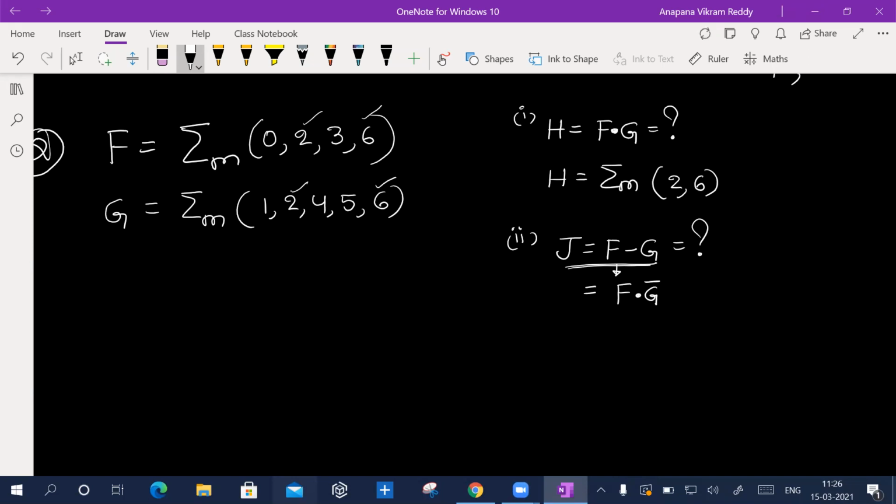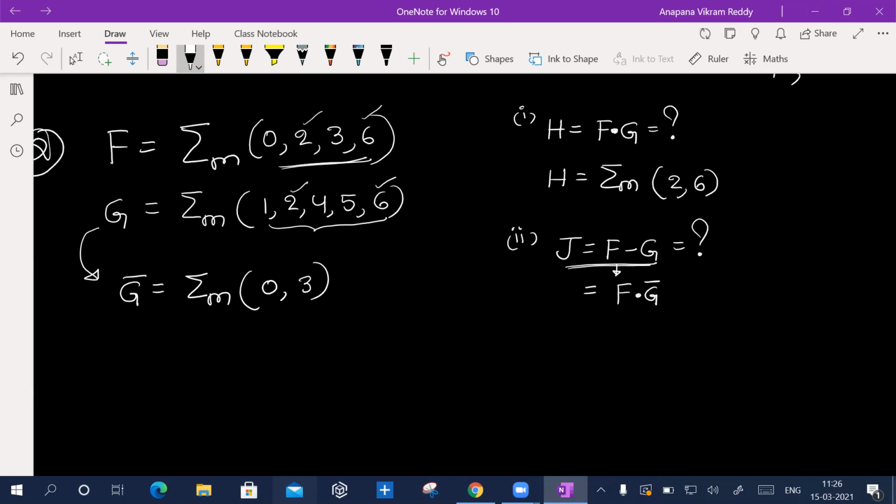So what is G complement from this? How can I write G complement here? Whatever is not there, see, I have 1, 2, 4, 5, 6. But what I don't have here? 0, 3, 7. Just compare these two and take for G complement.